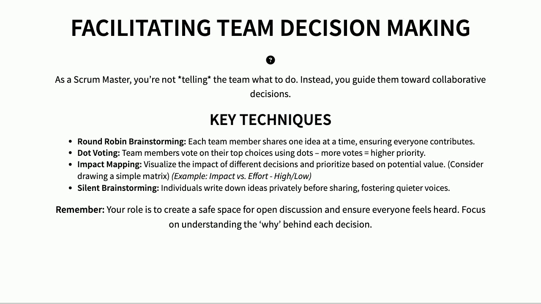It helps the team visualize how different choices will affect the project's overall success. And don't forget about silent brainstorming. Sometimes letting people think quietly before sharing can unlock some great ideas. Your job as Scrum Master: create a space where everyone feels comfortable contributing and understanding the reasoning behind each decision.